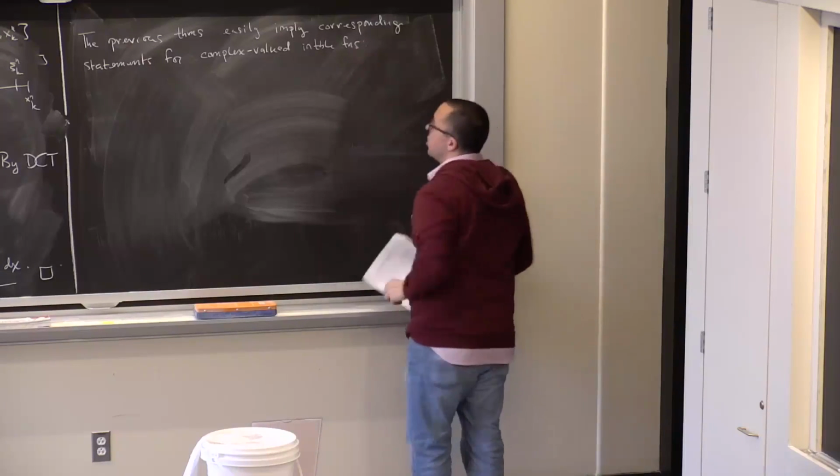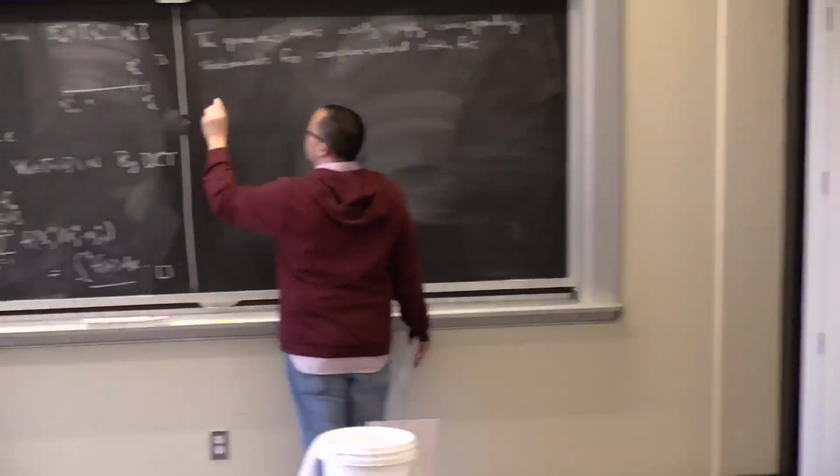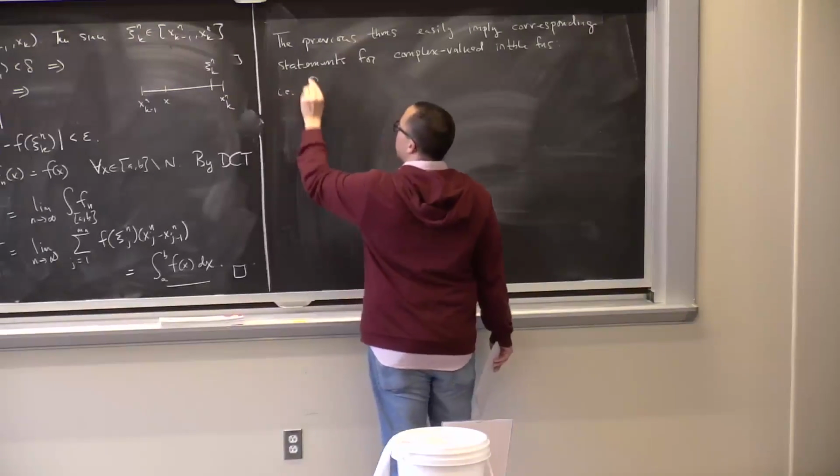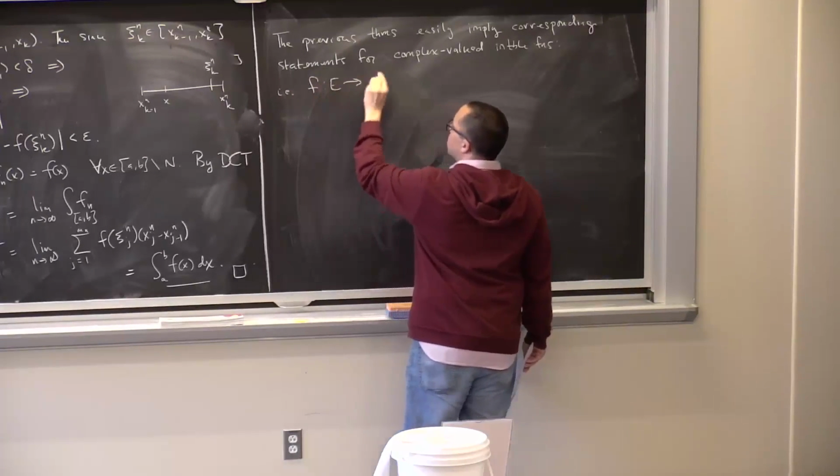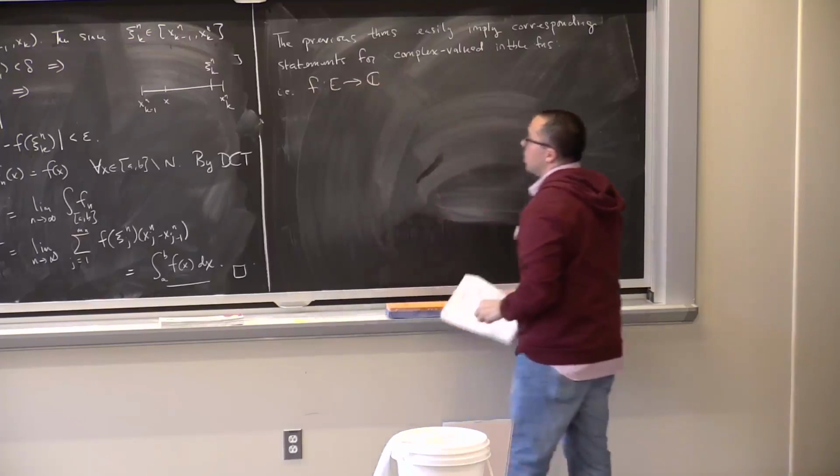And what are these? So f from a measurable subset E to now the complex numbers.